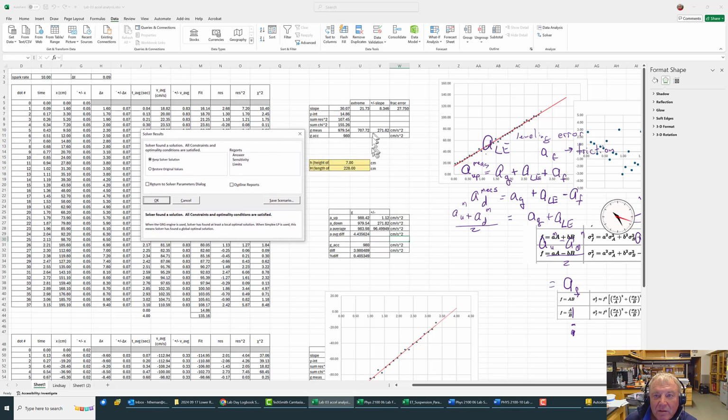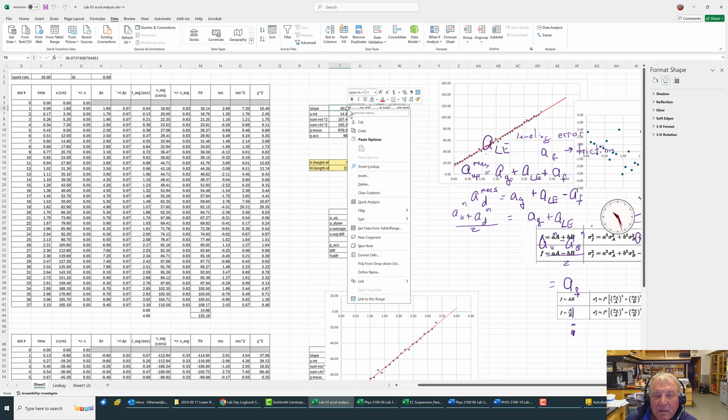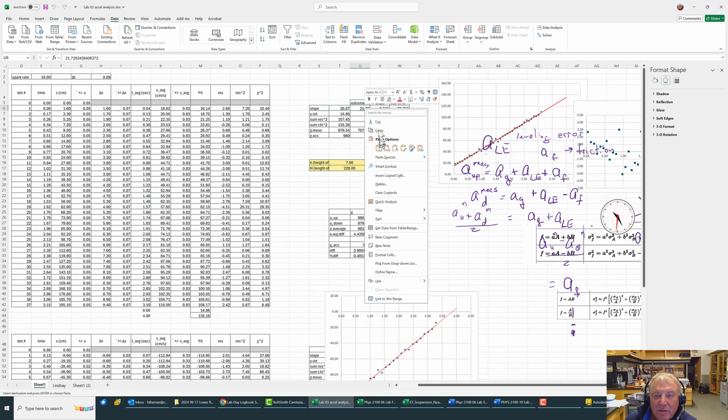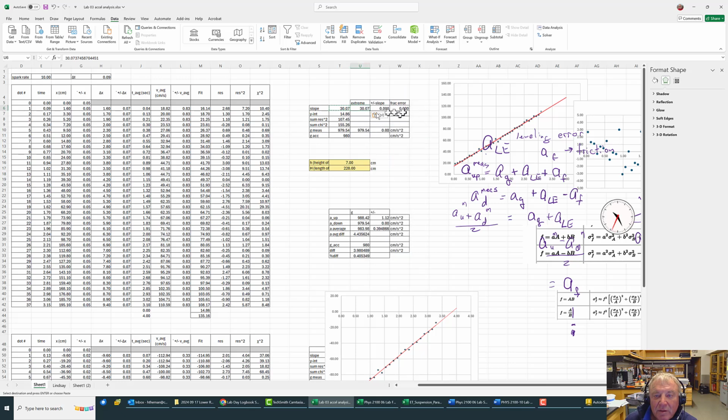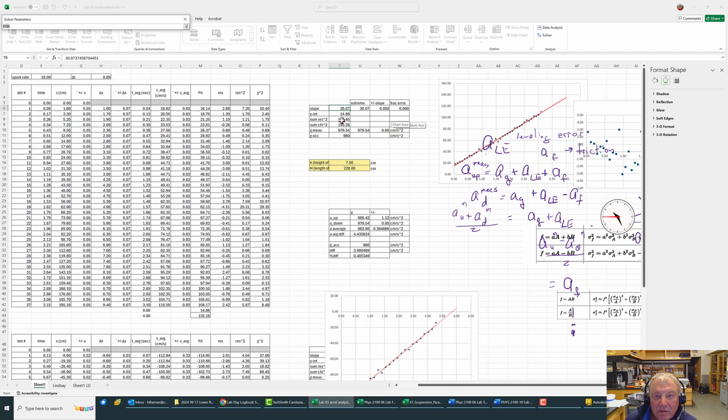Well, I say okay. Then I copy this, paste the number. So we end up with 0, of course. And now go to the solver. I want to minimize that, and just to make sure that I'm not fooling myself, I'm going to use both parameters.